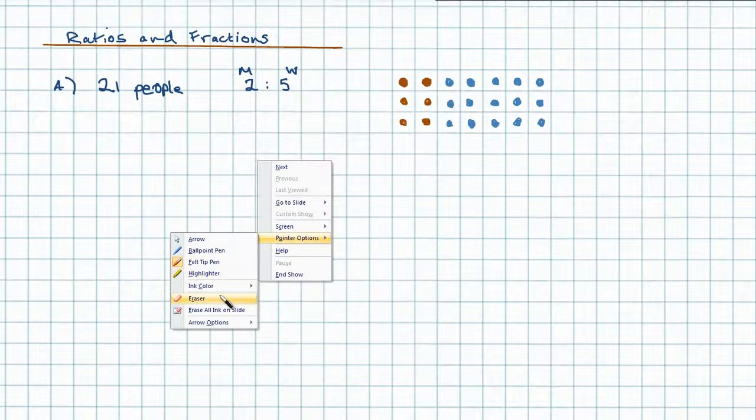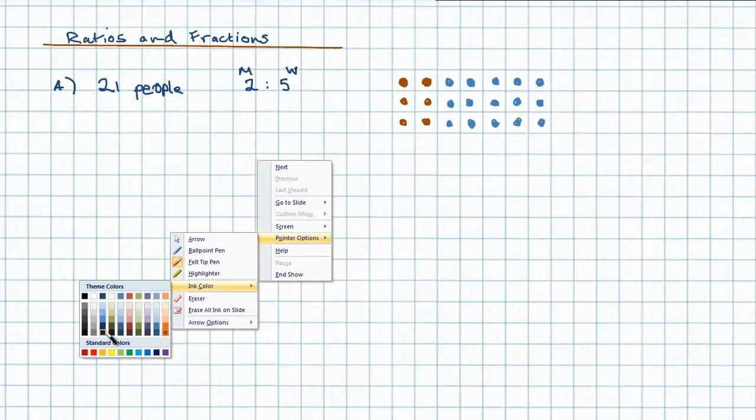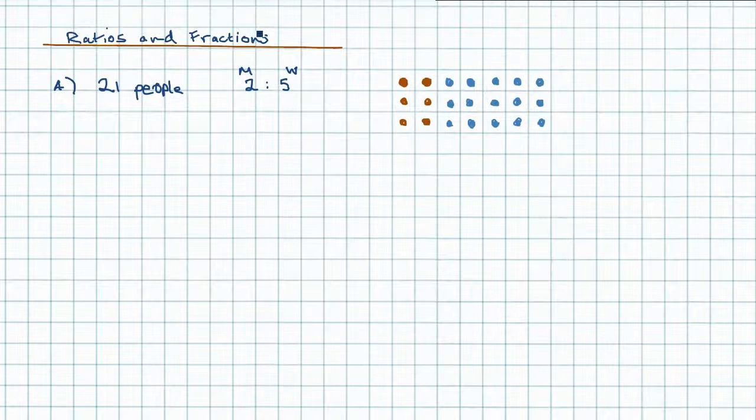So in other words, what we've done is we've said for every 2 men, we've added another 2 and another 2 until we've got the same amount as we would have on the other side. So we've got 5, add 5, add 5, giving us a total of 6 and 15.